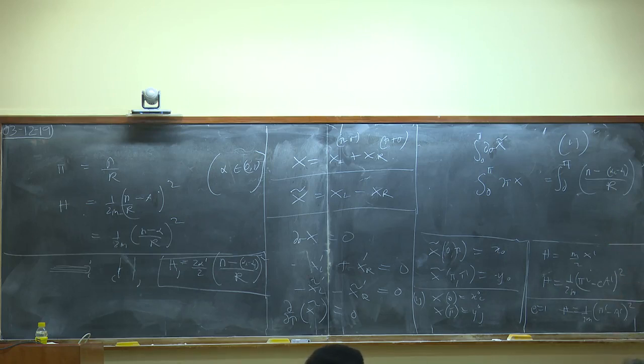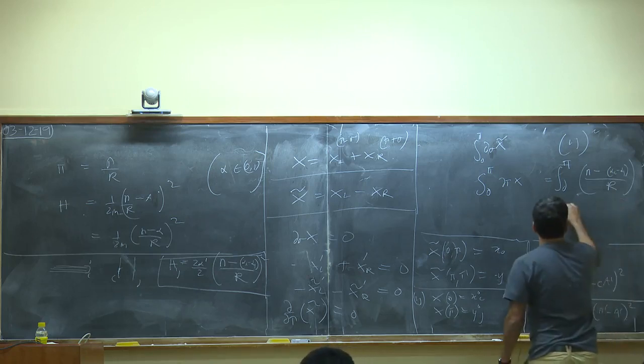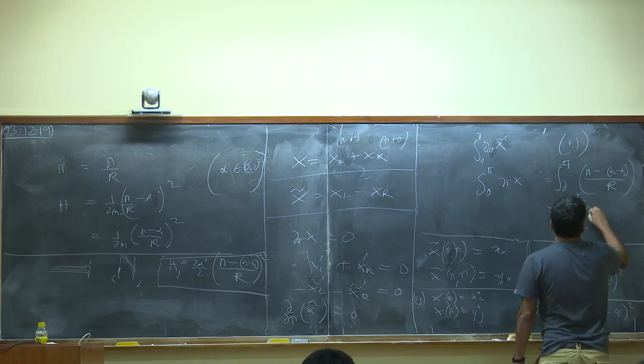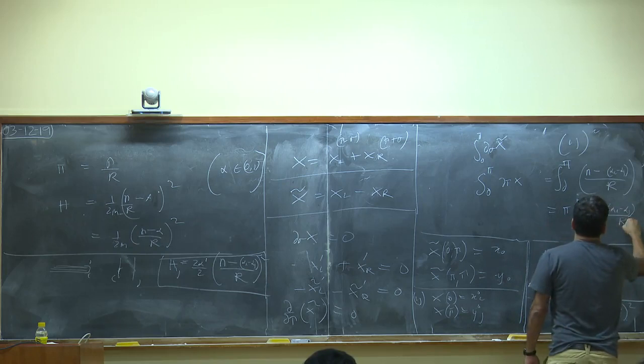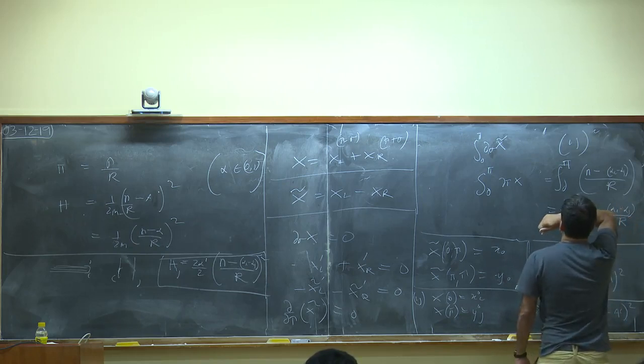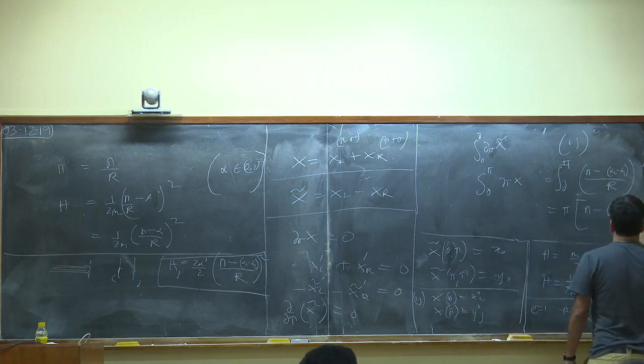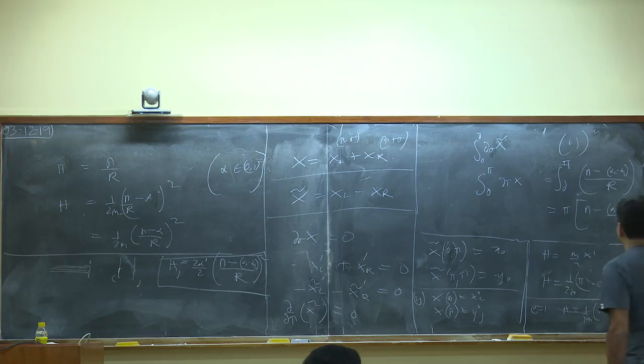Now all these are constants, so the integral is trivial, so this is pi times (n minus alpha_i minus alpha_j) divided by r. I'm somehow missing a 2 somewhere.